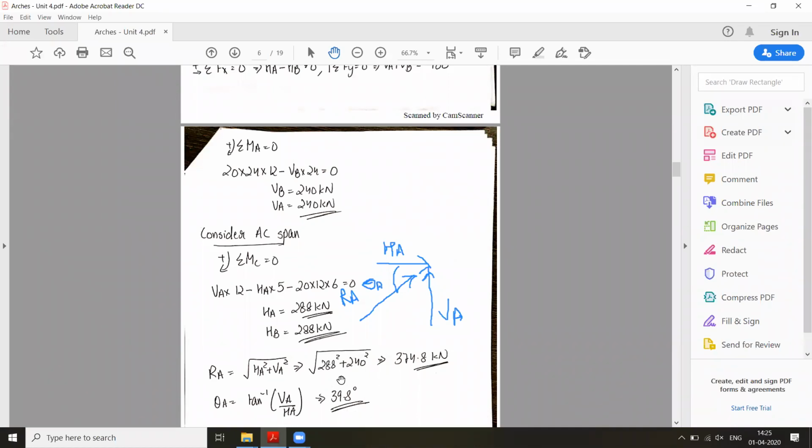Same step, you will be calculating the value of the resultant at B point. So at B point also, you will be having HB and your VB. Now since you can see the value of the loads are same, your VA and VB is also same, your HA and HB is also same. So the value of RA and RB will be also same here.